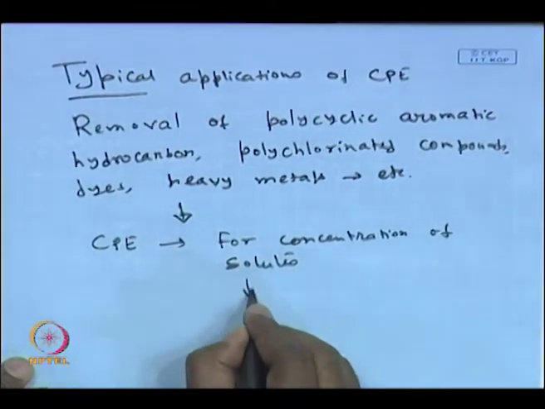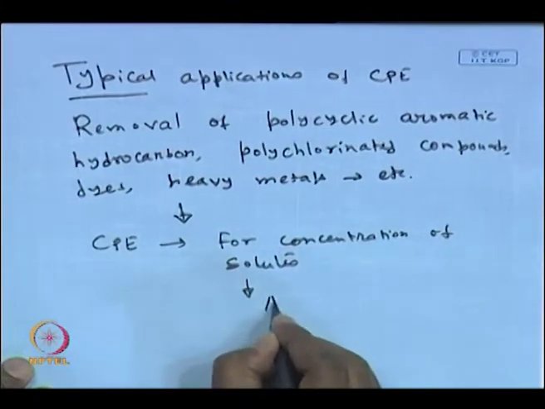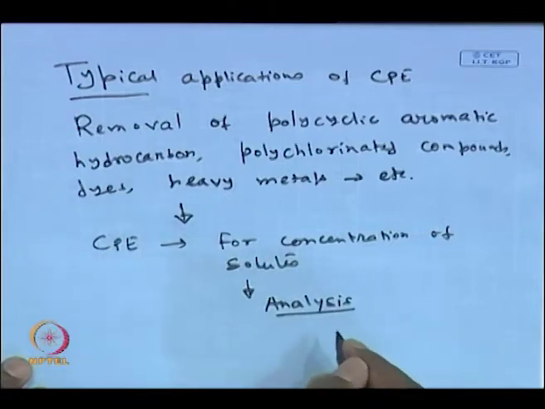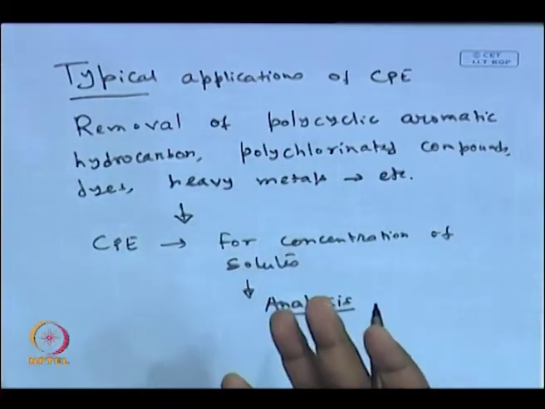So, this has a tremendous implication in the analysis. What is the implication? If you have a dilute solution of a particular pollutant, then it is very difficult to measure its concentration quantitatively using an instrument, for example UV spectrophotometer or HPLC. But if you can increase the concentration, it will be much easier to detect it via an instrument.